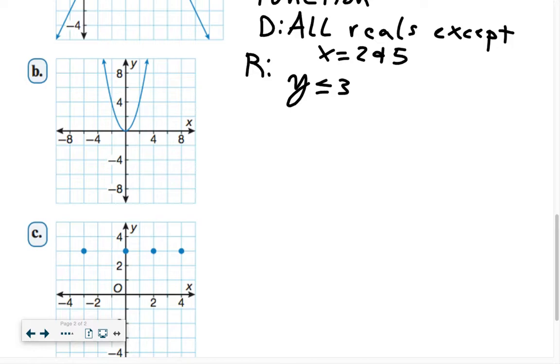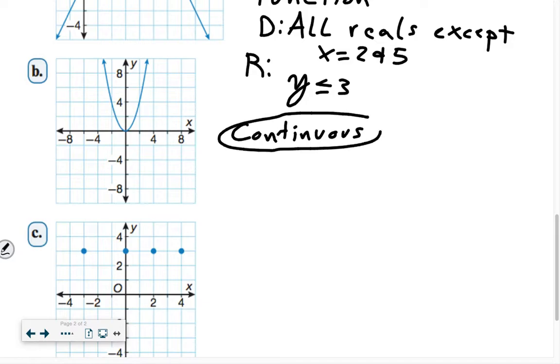Let's start with our 3 types. Which one of the 3 is it? Continuous. Function or not a function? Function, it passes the vertical line test at most one place, so we're good there.